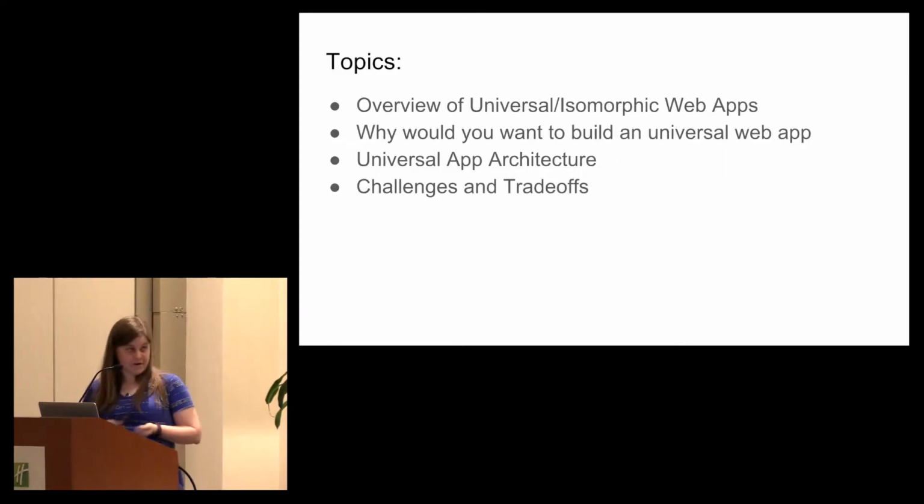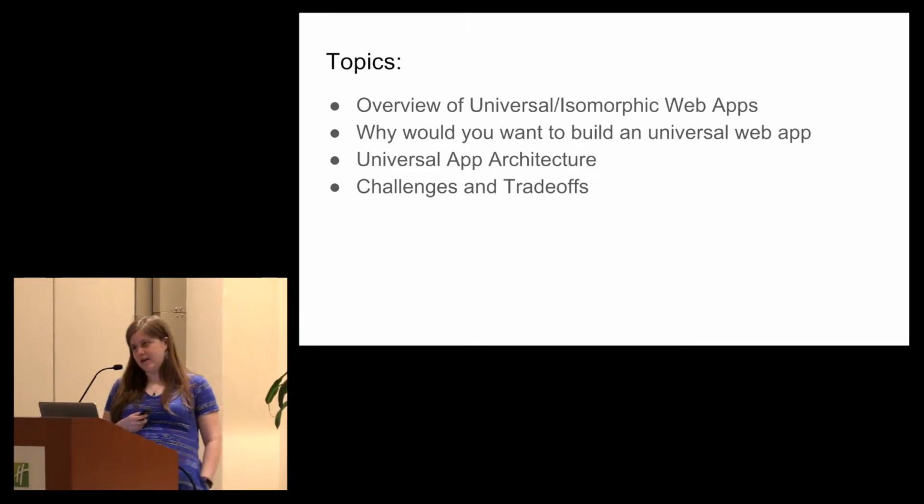So today, we're going to talk about a bunch of things. We're going to start with an overview of what this means beyond the definition I just showed you. We're then going to talk about why you'd even want to build an app like this. Then we'll walk through all of the libraries and tools we'll use to do this, and we'll walk through building one route on the example app all the way so that it truly isomorphically renders.